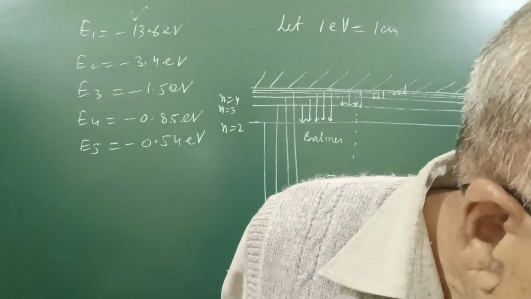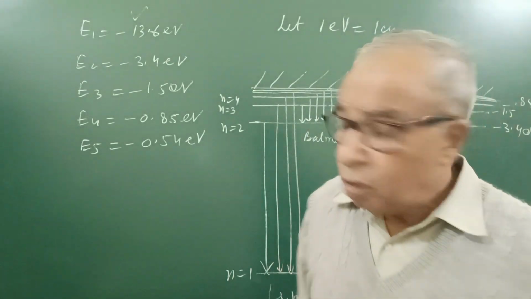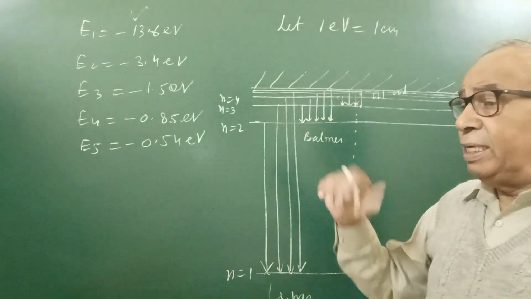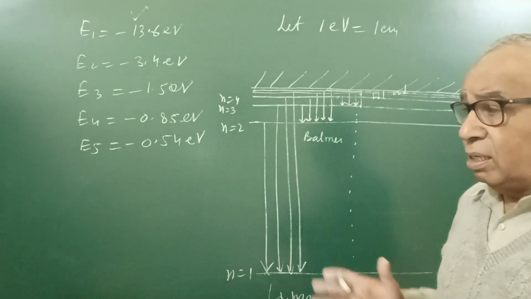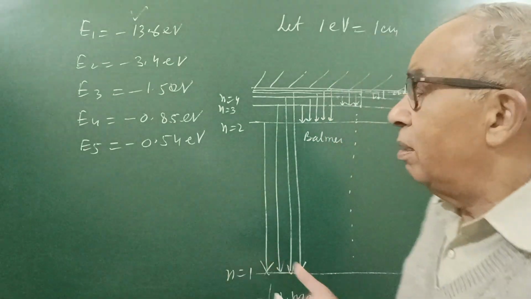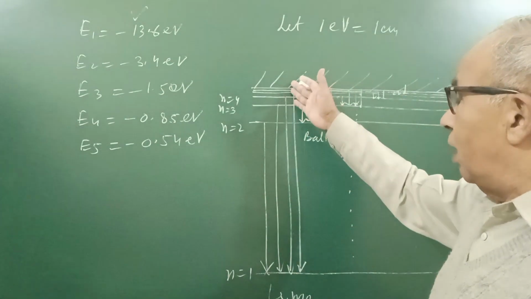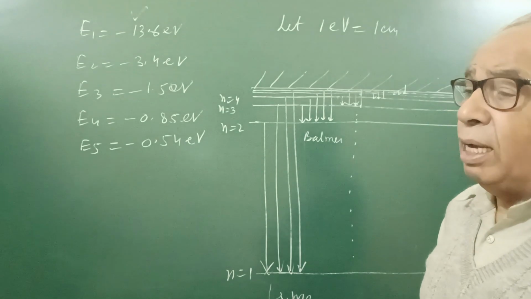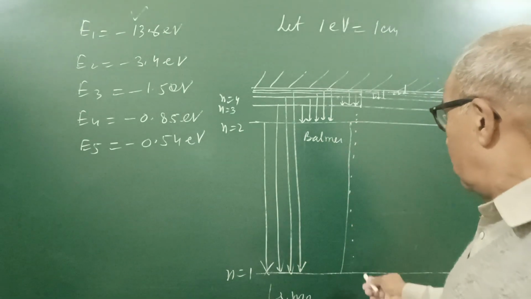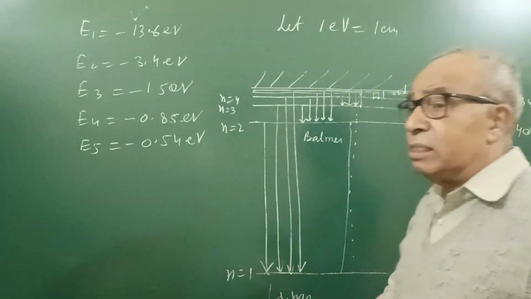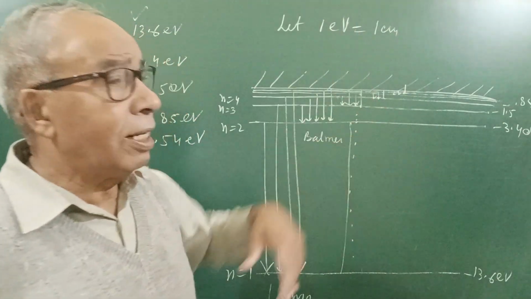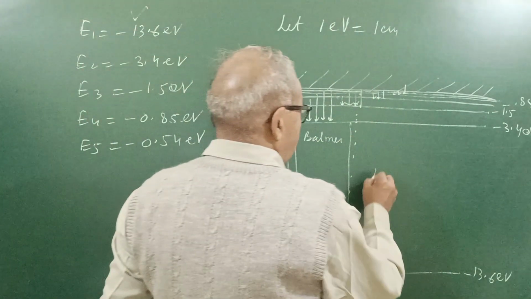Now when electron jumps from higher to lower energy level, it emits radiation, and the spectrum of light obtained is called emission spectrum. But when electron goes from lower to higher, it absorbs some energy and goes to higher level. That is called absorption spectrum.